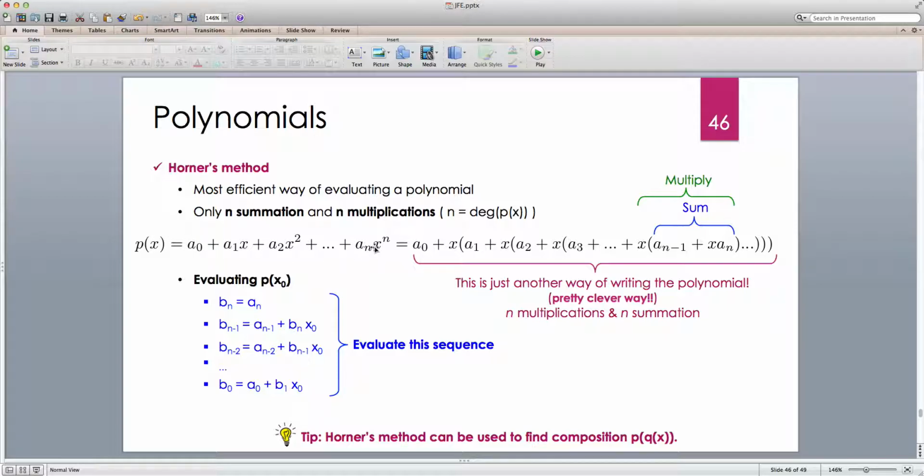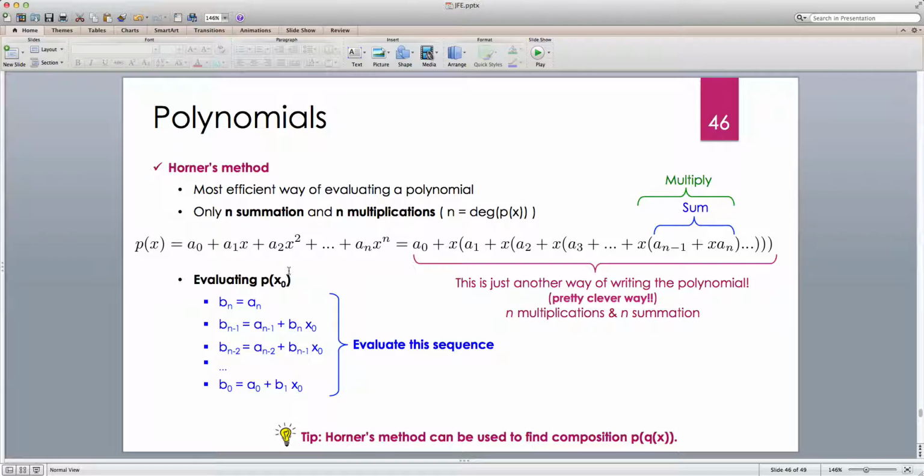So n plus 1 operations, n operations, 3 operations, 2 operations, 1 operation, and 0. Okay, and then we also have to add all these terms, so we have n addition operations. So if you calculate all these operations, it becomes something on the order of n squared.